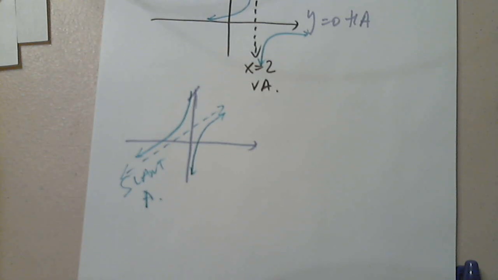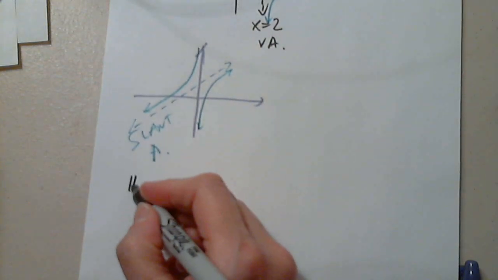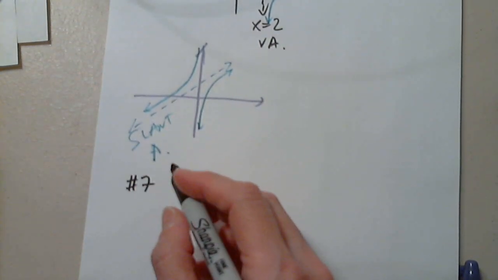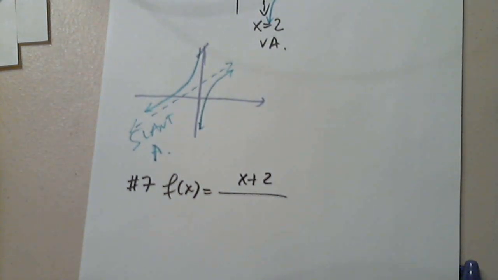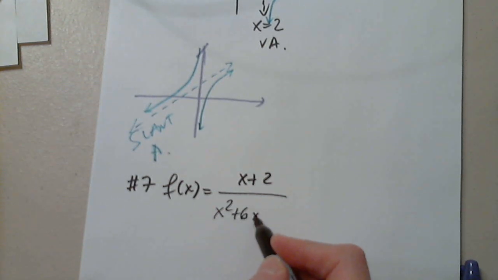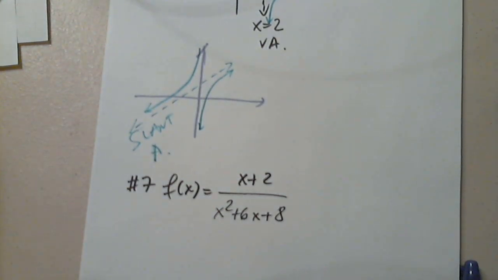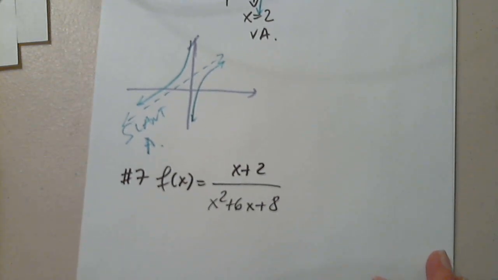You said 7? Yes. Is that okay? Perfect. So let's take a look at 7. So 7 is f of x equals x plus 2 over x squared plus 6x plus 8. Perfect pick. You'll see in a moment why.